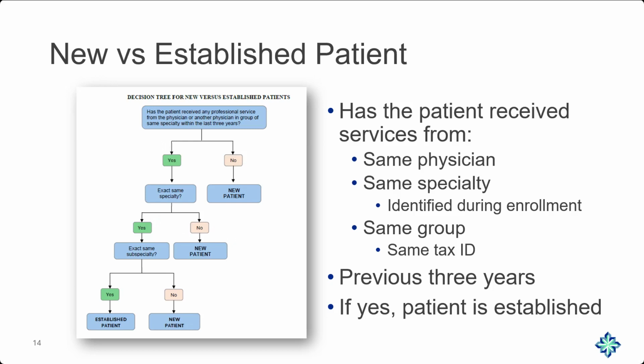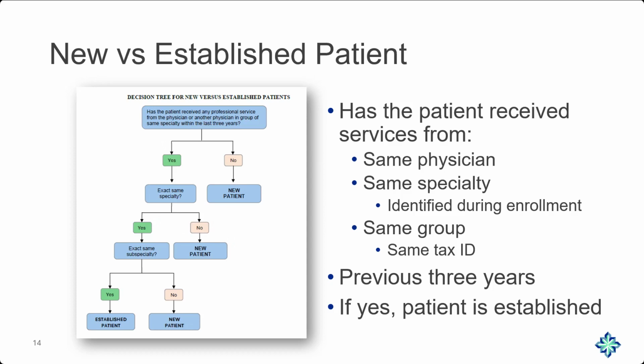So a couple of examples. If you have a doctor that saw a patient 2 years ago as a member of a different group, when the patient follows that doctor to a new practice, that doctor has to bill that as a subsequent visit. That patient was already seeing that provider in their previous practice in the last 3 years.